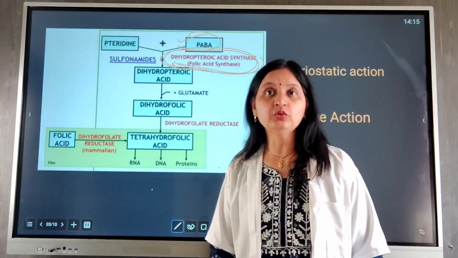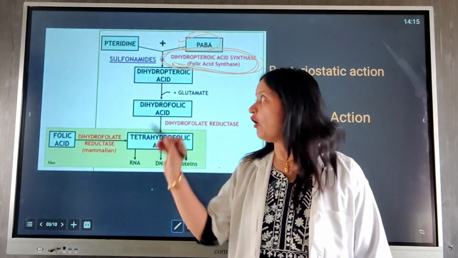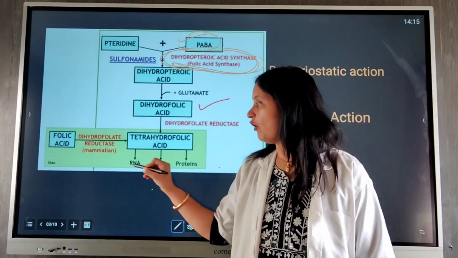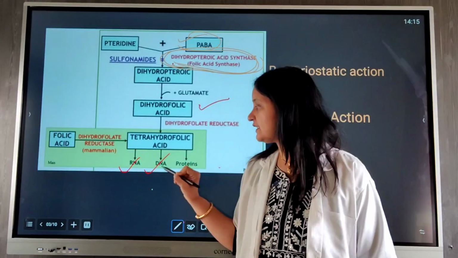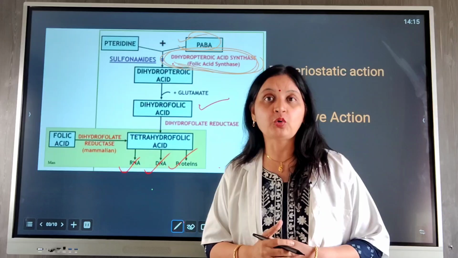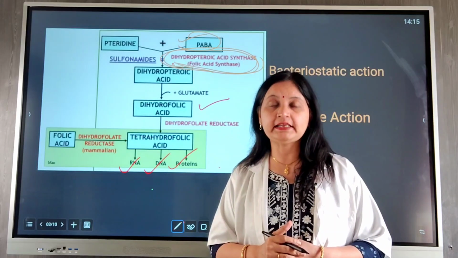So PABA is utilized for the formation of folic acid, and this is an important component of RNA synthesis, DNA synthesis, protein synthesis, which in turn is required for growth and multiplication of bacteria.